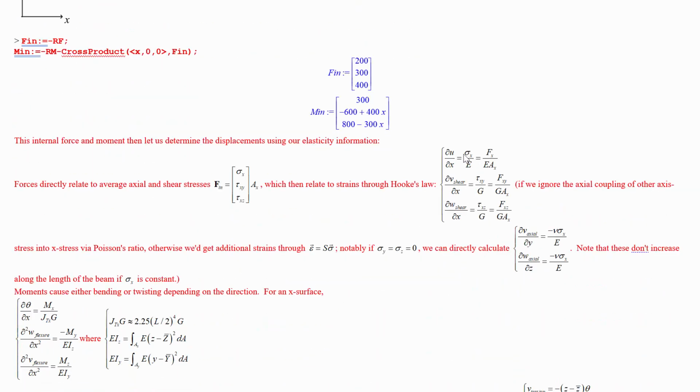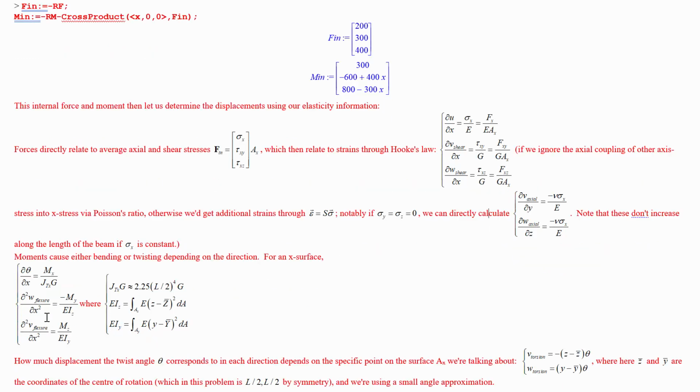The x displacement is really very straightforward compared to the other ones, but the y and z displacement, even if angles stay small, can be caused by shear, axial stress, flexure, and torsion, because this twisting angle, depending on how far away we are from the centroid, is going to be leading to different displacements in y and z.